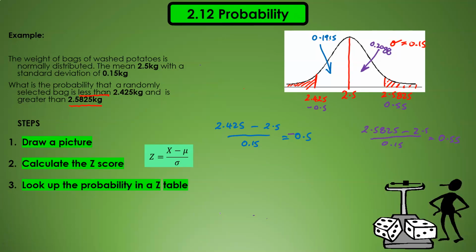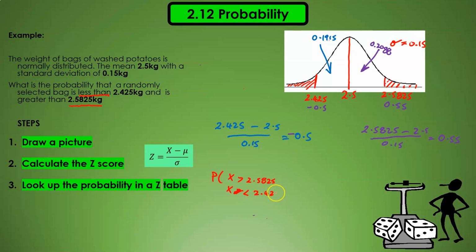Now that I know the areas of those two parts, I can use that to work out the area of the red parts. So the probability that x is greater than 2.5825 and that x is less than 2.425. This is the first time I've done this sort of notation.